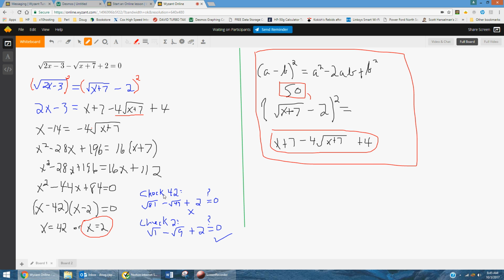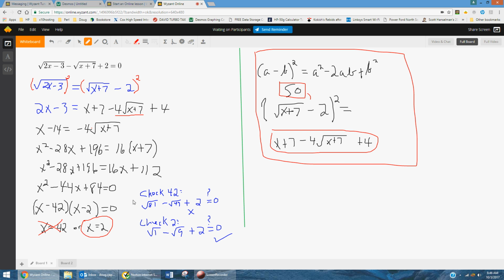When I check 42, I get 9 minus 7 is 2, but 2 plus 2 is 4, not 0. So 42 gets rejected. But 2 does work. 1 minus 3 is negative 2. Negative 2 plus 2 is 0. So that's the solution to this one.